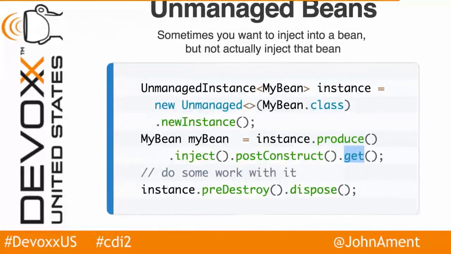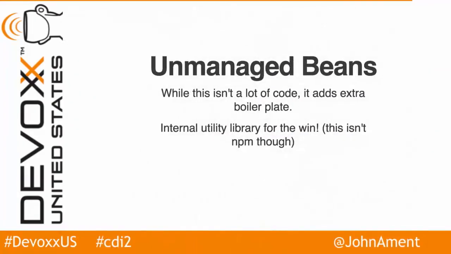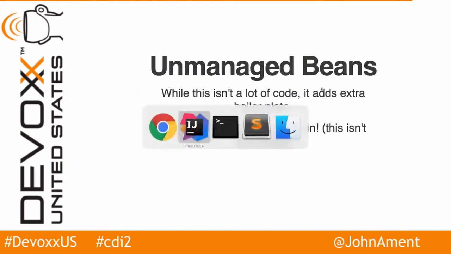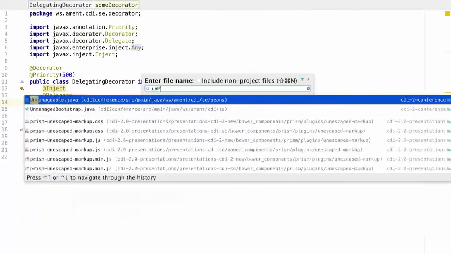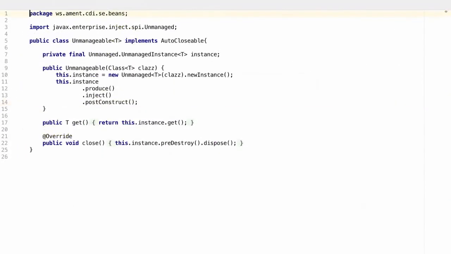So this isn't a lot of code, but it's a lot of boilerplate code, at least as I see it. So I always find it very useful that if you are going to work with unmanaged beans, that you come up with some sort of wrapper around it. I like to joke around about left-pad too often, so this might make for a really good one-class library if you ever got to it. We'll see. But you have an unmanageable object here, which manages for you through an AutoCloseable the lifecycle of that object.